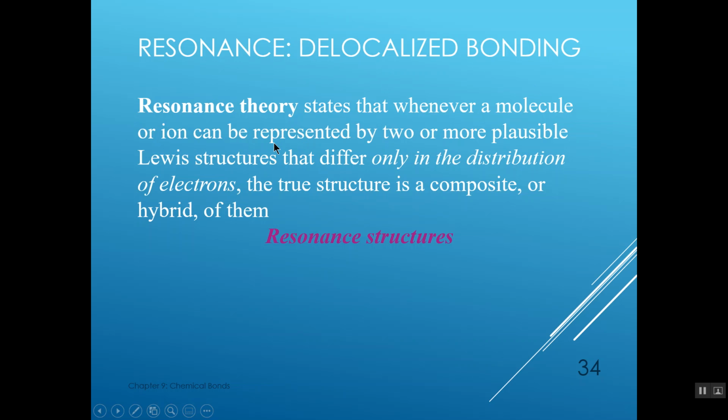Okay, so resonance, the theory, states that whenever one molecule can be represented by two or more plausible Lewis structures, but the only difference between them is the distribution of the lone pairs and bonding pairs of electrons, the true structure will be a composite or hybrid of the different Lewis structures, all right?